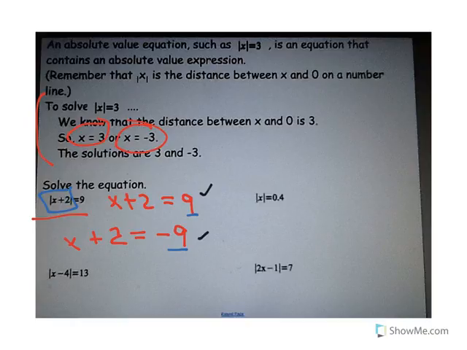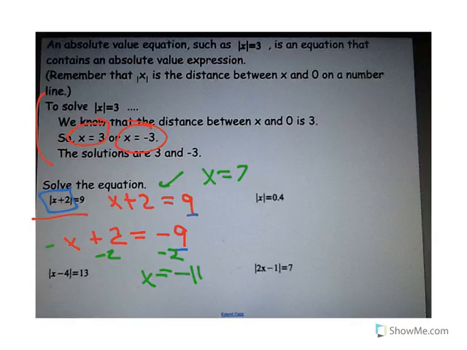So that's still a true statement. Let's solve these the way that we normally do. For this one here, x plus 2 is equal to 9, so x is equal to 7. And for this one right here, x plus 2 is equal to -9, so we subtract 2 from both sides. When we do that, we end up with x is equal to -11.